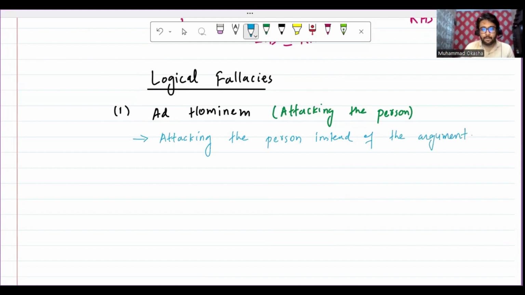Okay. This is ad hominem. I'll give you an example. For example, you say that you can't trust his position on climate change. For example, you can't trust Ali's position or Ali's opinion on climate change.